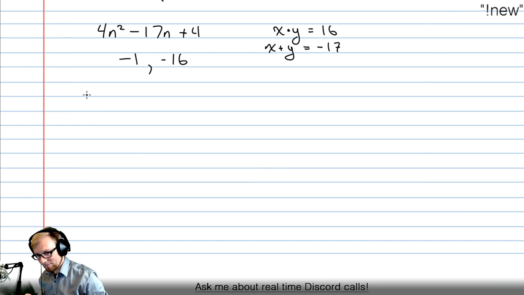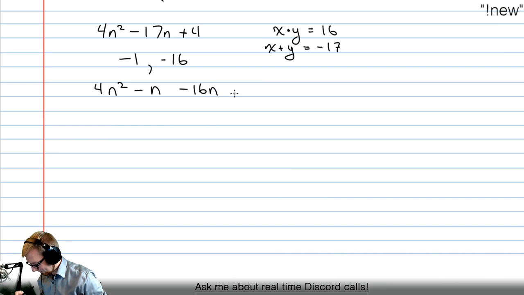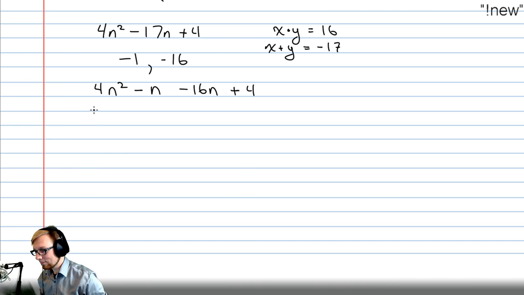So then your equation is 4n squared minus 1n minus 16n plus 4. Good. Your greatest common factor is n. Would I have n or should I have 1n? Well, the 1 is implied. You don't need to write a 1 unless you're saying you're adding 1. If it's on a multiplication, it's just implied that it's a 1. Okay.